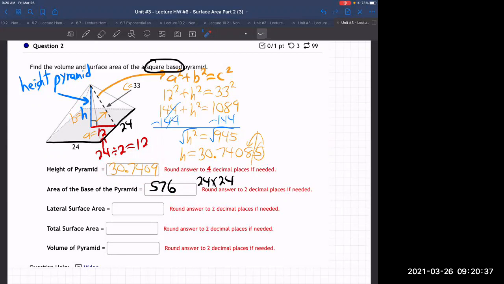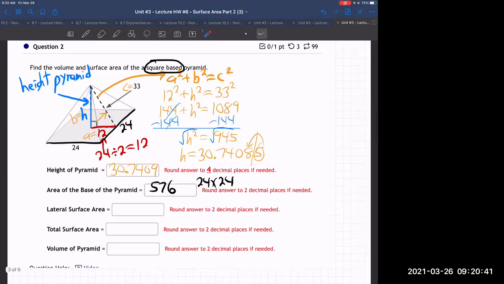All right, next, lateral surface area. Now that's really a new word for us. I haven't used that word in any situations before. So let me explain what in the world that's talking about. Lateral means sides, not top and bottom.